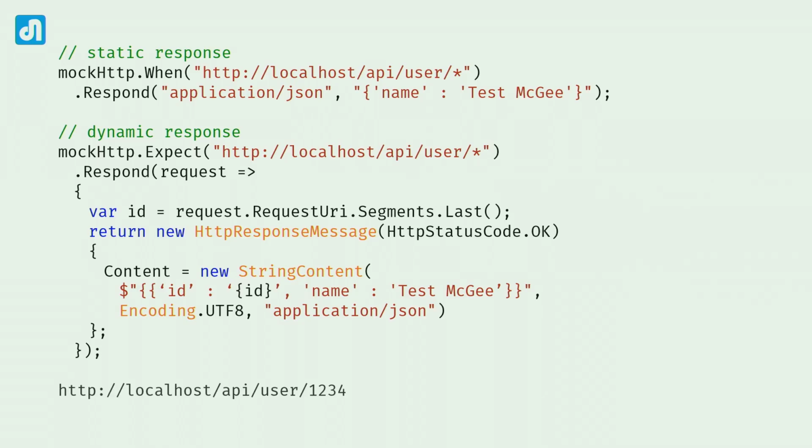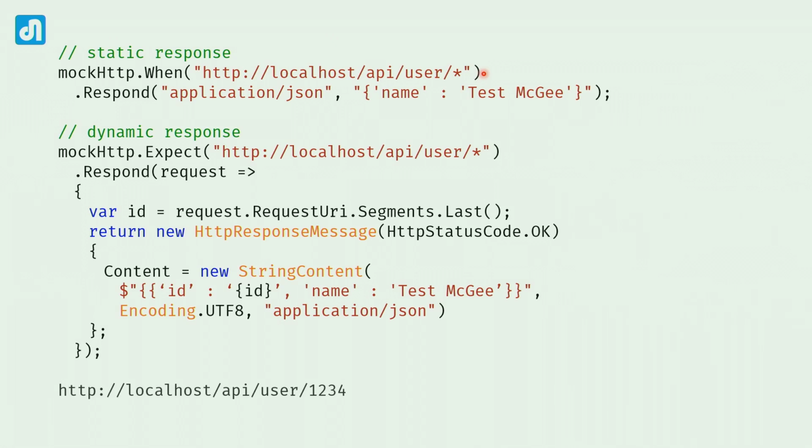So here's a little bit of a sample of how you can use it. I've taken out the instantiation of the MockHttp because of screen size. But if you take a look up here, see this asterisk at the end of the string for the URL, and that star tells it to match anything past this point.